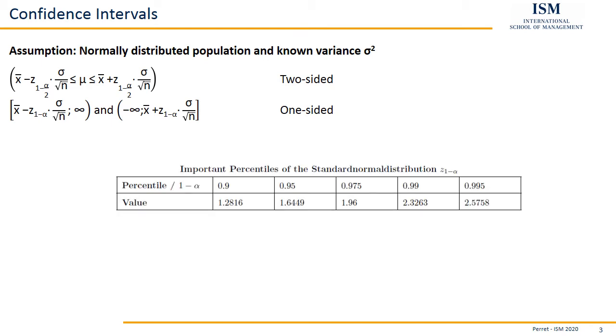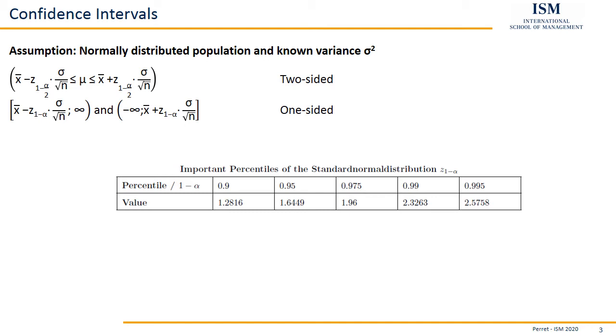For this, we can take a look at this table for the standard normal distribution. Here we have the values for the typical 1 minus alpha values. So if we have an alpha of 5%, 1 minus alpha would be 0.95. So the z value for 0.95 would be 1.6449.